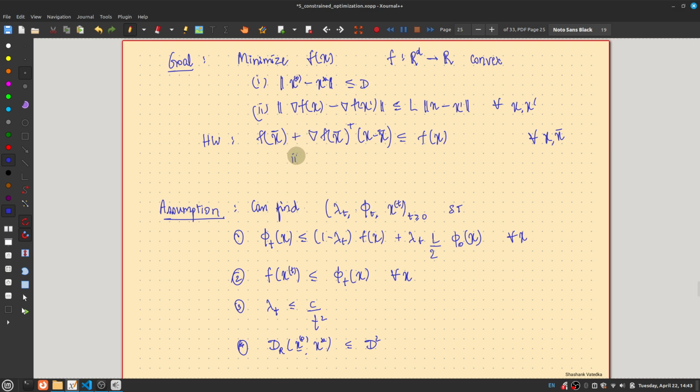The second property implies that f of x is also less than or equal to f of x bar plus gradient f of x bar transpose times x minus x bar plus L by 2 times the 2 norm of x minus x bar, the whole square.